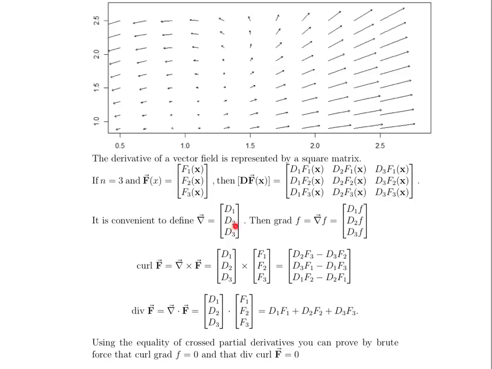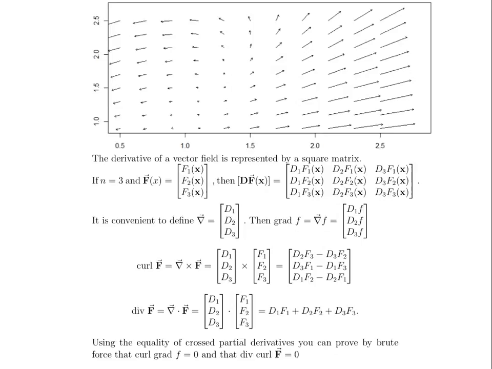This means take the derivative with respect to the third variable. So if we're trying to compute the gradient of a function, the gradient of a function is a vector that has the partial with respect to the first variable in the first component, the partial with respect to y as the second variable in the second component, the partial with respect to the third variable in the third component. This is what you end up getting.